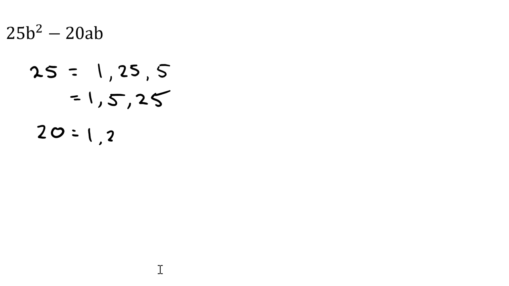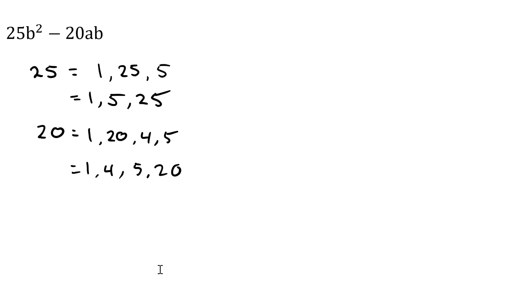For my list of factors for 25, I know we have 1 and 25, and then I have 5 and 5. So just 5, alright? Now I'm going to just rewrite those in order. Next, I'll write all my factors of 20. I have 1 and 20, and I have 4 and 5. And the same thing, I'm going to write these in order.